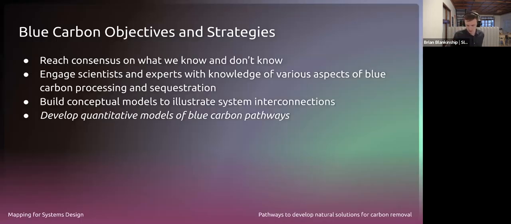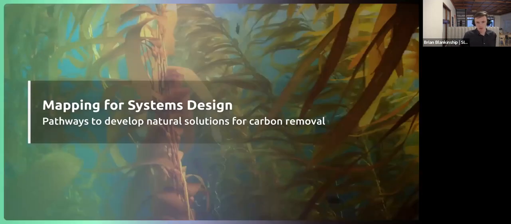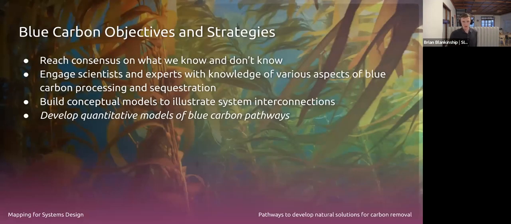So in this case, I'm going to share some ongoing work that we're doing with the Environmental Defense Fund on using natural climate solutions, particularly oceanic or blue carbon solutions, in order to do that. We actually already did an earlier round, supported by the Bezos Earth Fund, of scientific consensus building, where we brought together scientists who are experts in all kinds of marine systems, from mangroves to whales to benthic trawling to everything else, and said, let's think about these systems and their relationship to carbon.